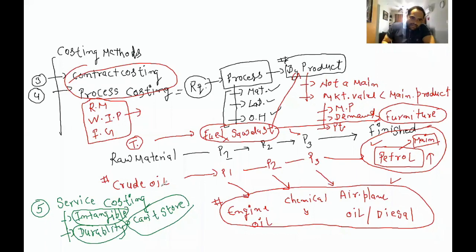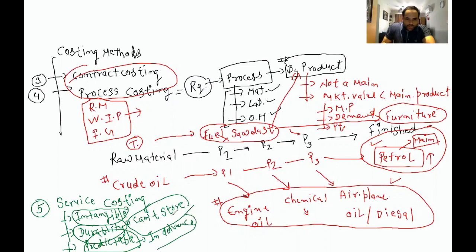Another example is that services are not predictable. You cannot predict services in advance.